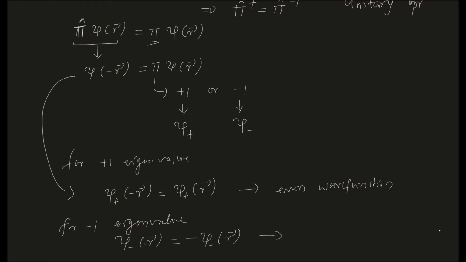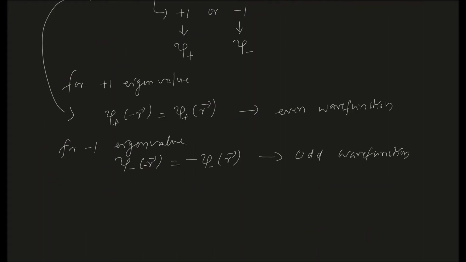So this is called an odd wave function. So depending on the eigenvalues of the parity operator, we call it an even or odd wave function. For an even wave function, the eigenvalue will be plus 1. For an odd wave function, the eigenvalue will be minus 1. So the eigenfunctions of the parity operator have definite parity. They are either even or odd.